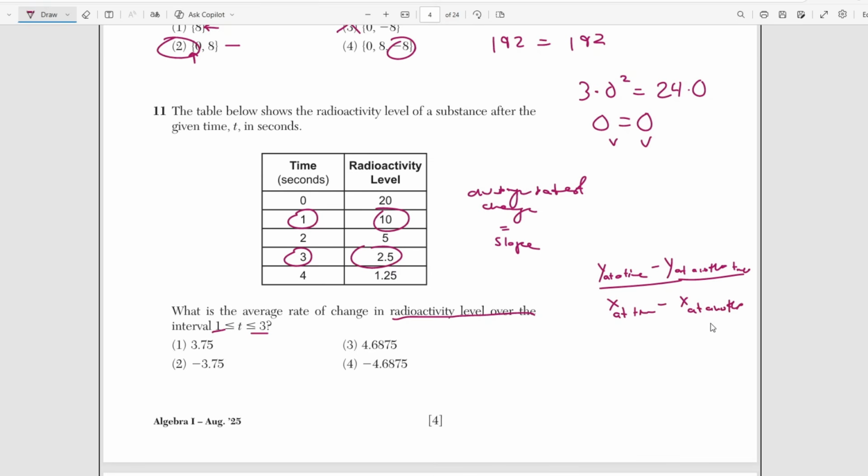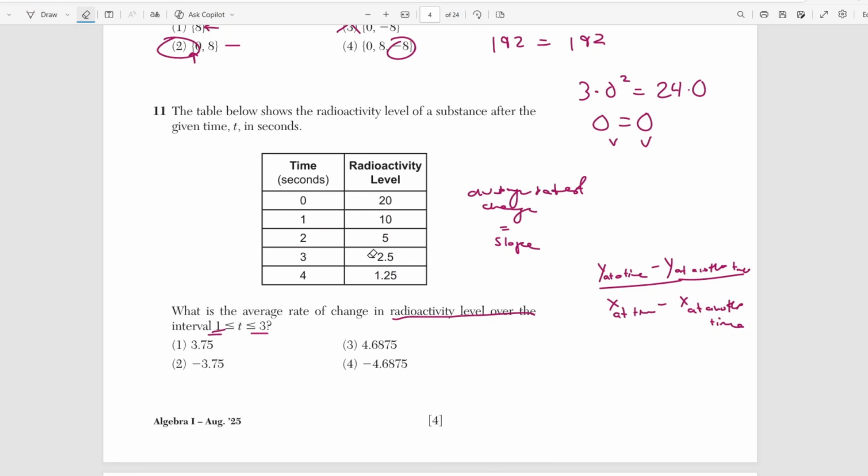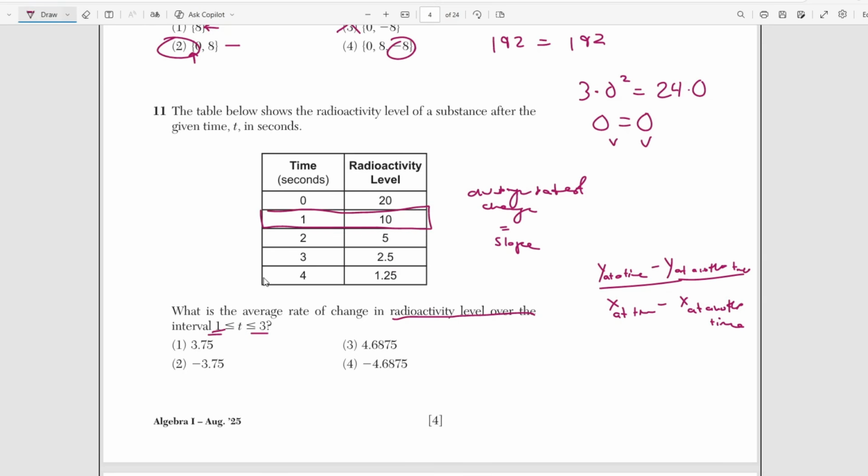If we look at this, we want to find the average rate of change from 1 to 3. So we're going to look at the y value at the time where 1 second passed, and then look again at the y value when 3 seconds have passed, and find the slope between these 2 points. Our first point is 1 comma 10, so that could be our y1.